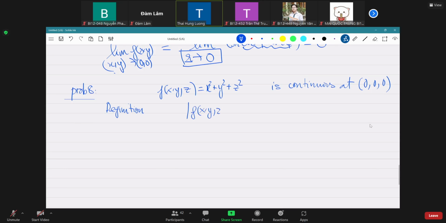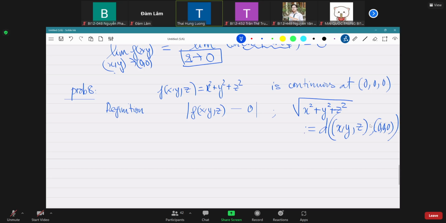The difference of the function f and the value at 0, 0, which is 0, and the second difference is the distance between the point x, y, z and 0, 0, 0, which is given by the square root of x squared plus y squared plus z squared. That is the distance between this point and the origin. It is defined by this.